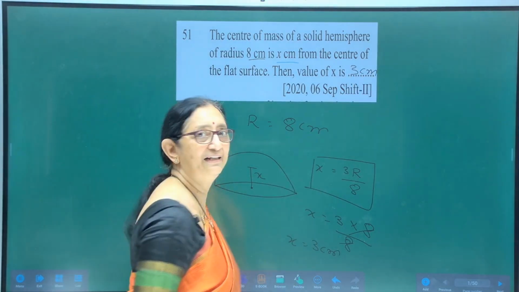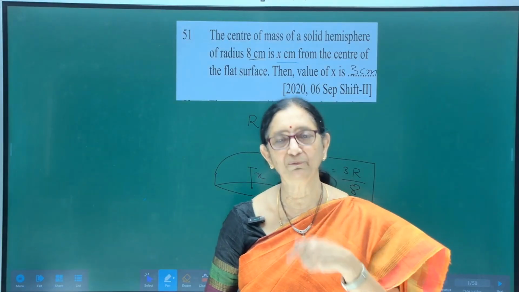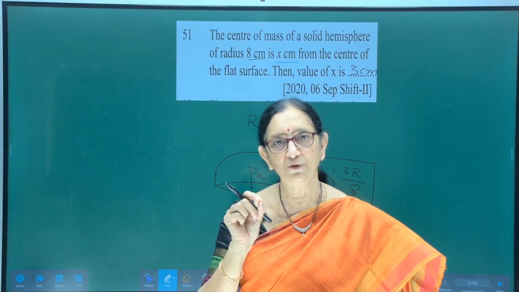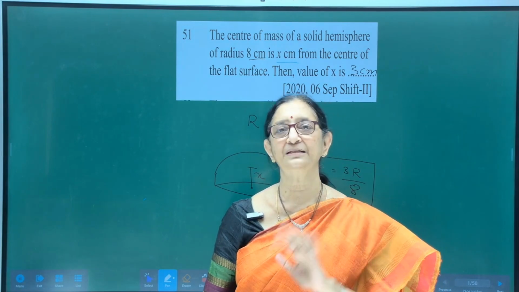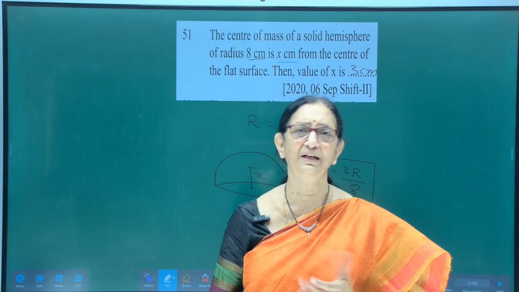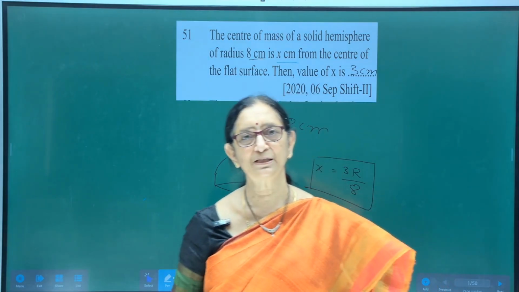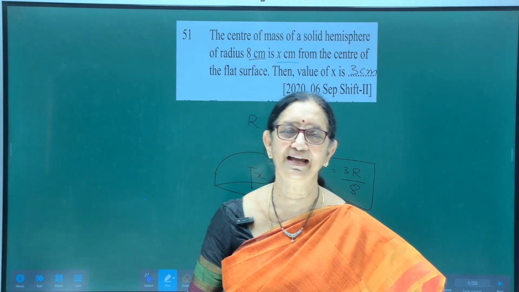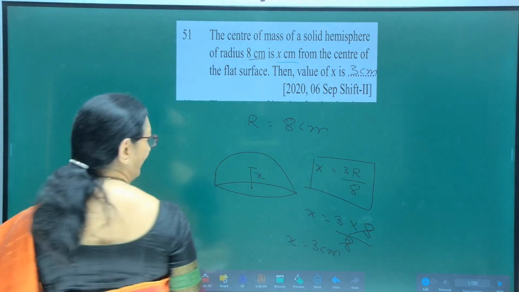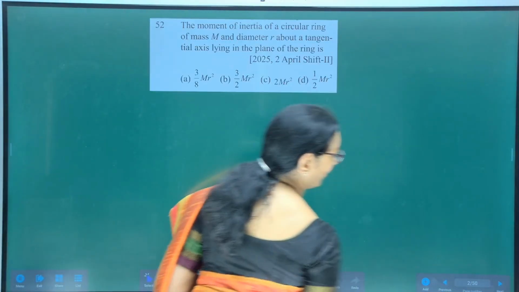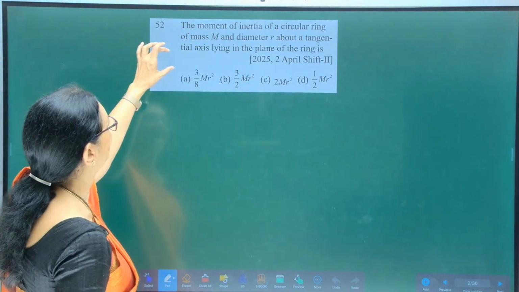For such problems, while reading the synopsis, you must know how to derive the expression, and you had better memorize certain formulae which are constant. For a hemisphere, always it is 3r by 8 from the center of the flat surface. You can save a lot of time if you remember such formulae.